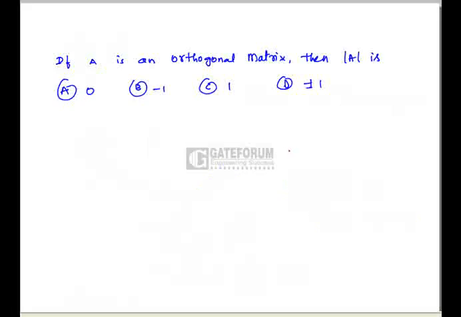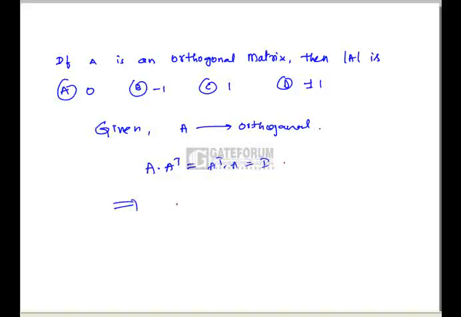If A is an orthogonal matrix, then we have to find the value of the determinant of A. So it is given that A is orthogonal. Orthogonal is nothing but A into A transpose, or A transpose into A, will always equal I. Now if I apply the determinant to the above equation, determinant of A into A transpose equals determinant of I, which is 1.